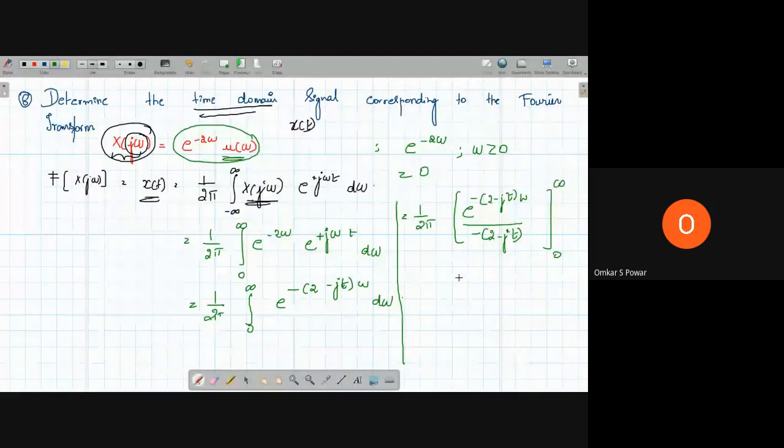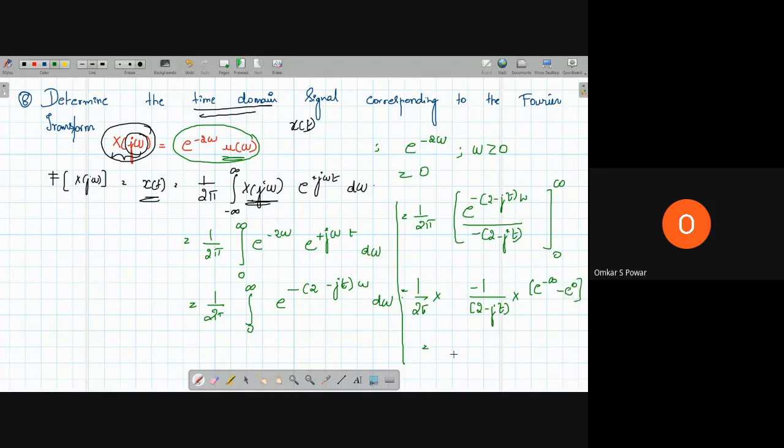So now I will take this outside. So 1 by 2 pi into minus 1 by 2 minus jt into, we'll substitute the limit, e power minus infinity minus e power 0.